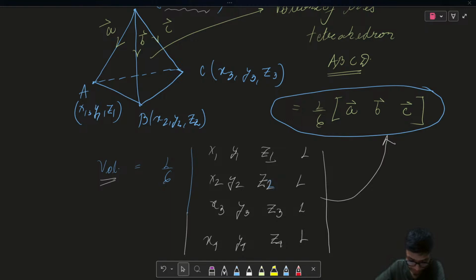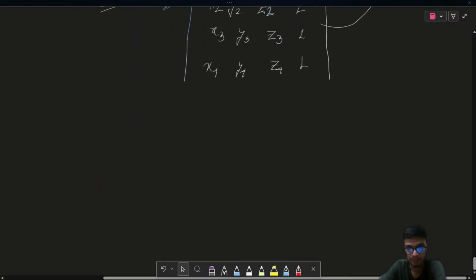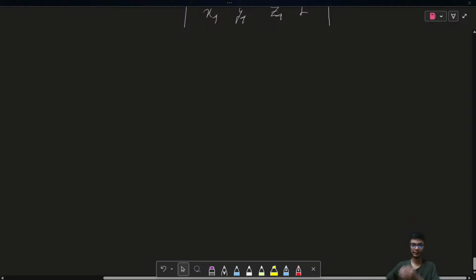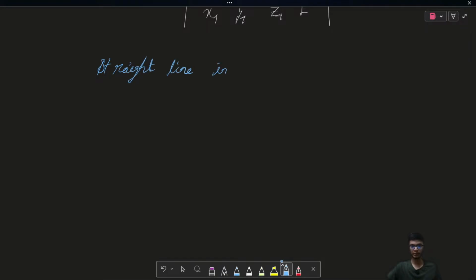Alright, I hope this part is clear. So now we can move forward to discuss the concept of a straight line in space. We have already studied a chapter of straight lines that was basically a 2D straight line, right?